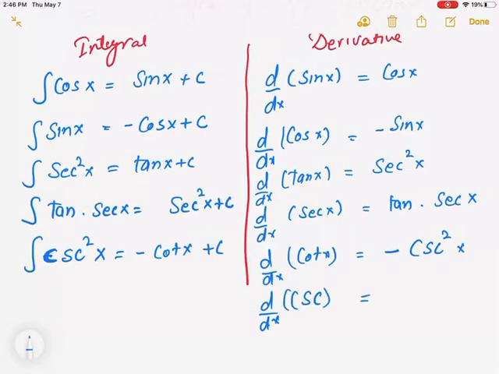What is that equal to? It's cotangent and cosecant, and there's a negative. So if you see cotangent and cosecant, that's going to be equal to cosecant plus c, and don't forget there's a negative. Now, I really want you to look at the integral equations closely.